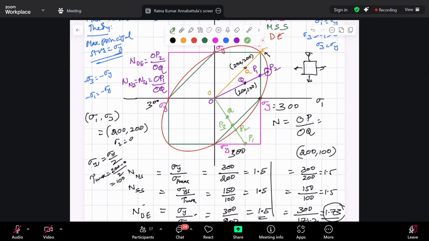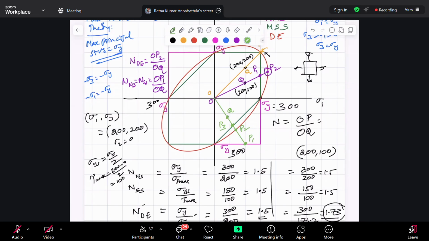Sir, then I can design my part based on... If you design your part based on shear stress theory, it will be more safe, but that is going to increase the weight of your component, isn't it? Yeah. And in the literature, it is seen that the data is going to match mostly with the distortion energy theory. So if the part is extremely critical and you don't want to take any risk, then you might want to use shear stress theory.